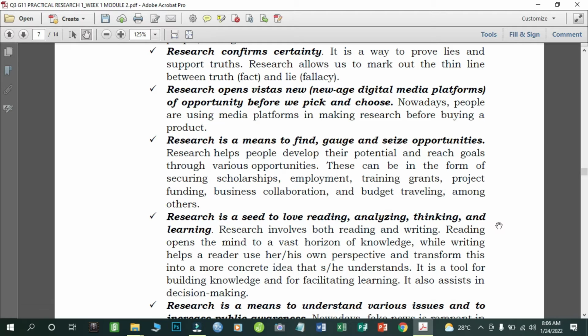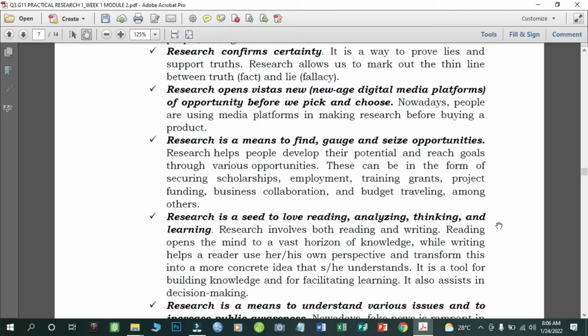If you become a professional researcher, you can have a scholarship, especially if you are good in research. You can have funding from CHED and TESDA, the UST. So these are opportunities. You can have your scholarship there, and to complete your research, you can win a grant.